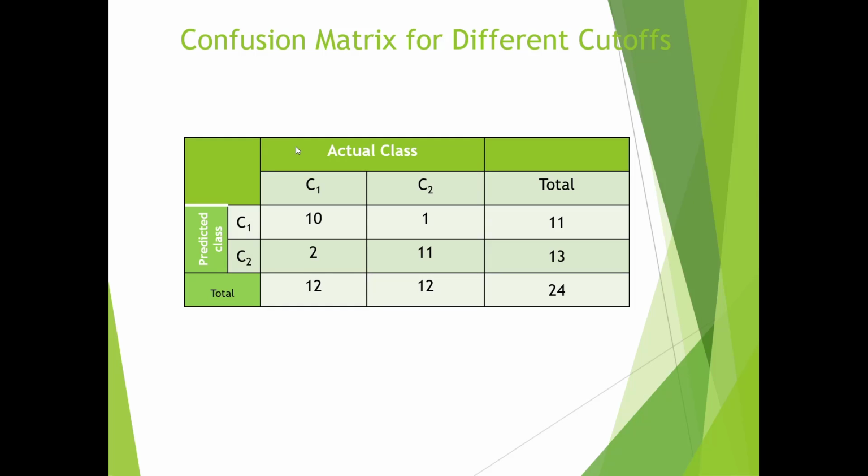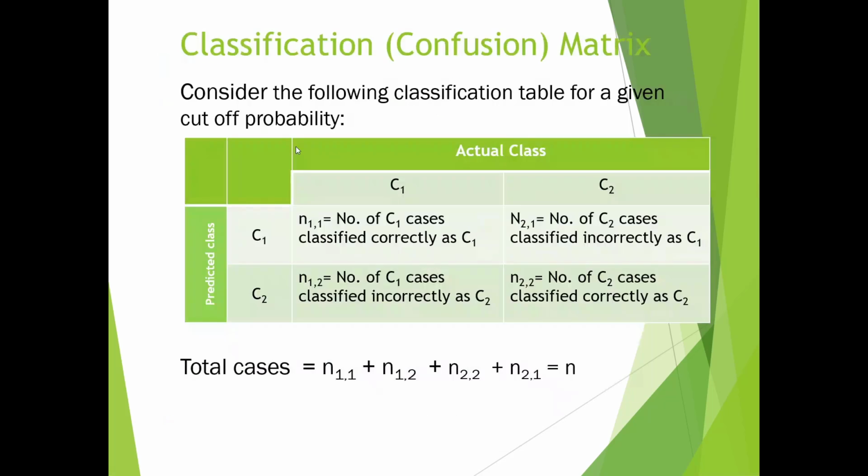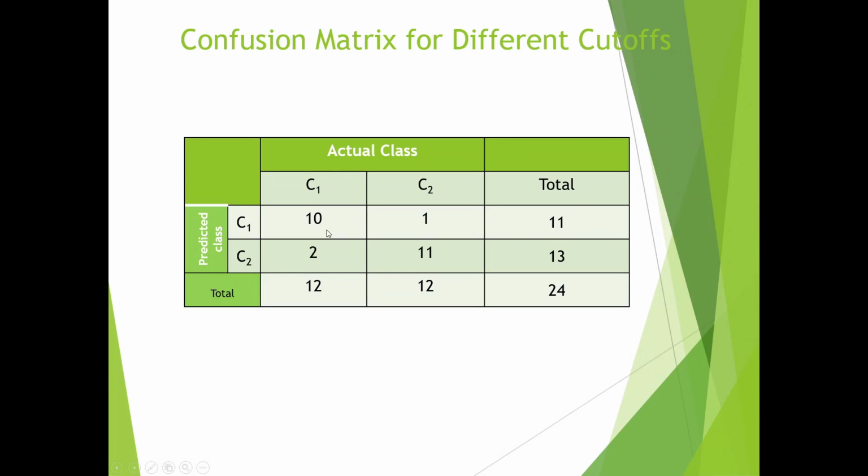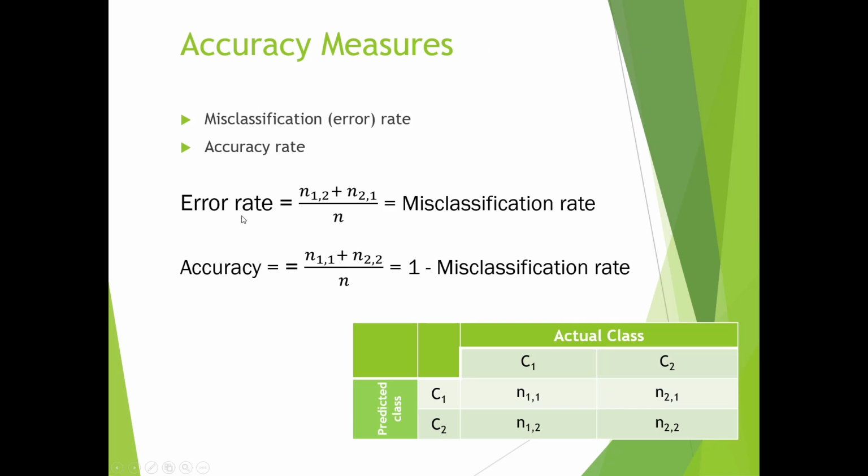There are actually 12 and 12, C sub 1 and C sub 2. C sub 1 is owner, I think. Anyway, these two are correct classifications, and these two are not. So we have what is called the error rate.